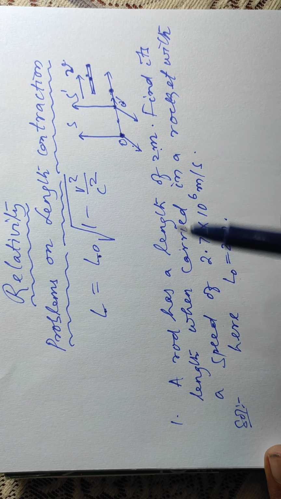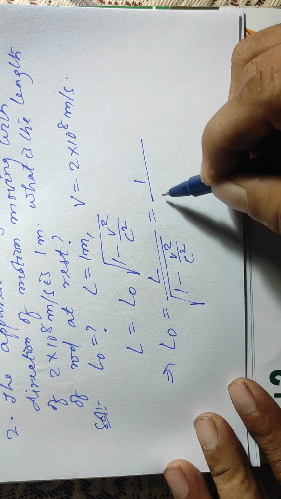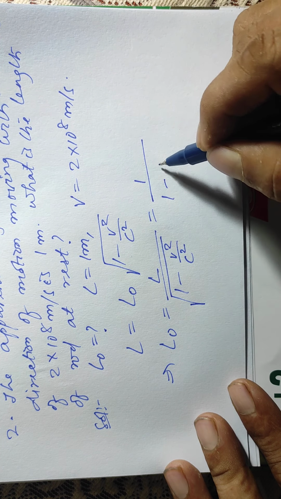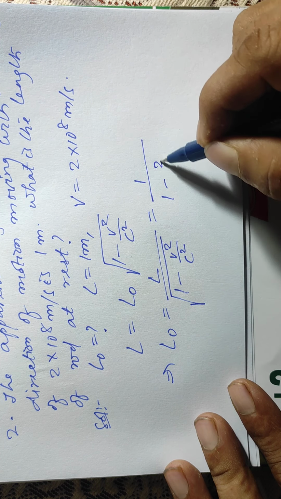L is equal to 1 meter, so 1 by root over 1 minus V by C whole square. Your V is 2 into 10 to the power 8 and C is 3 into 10 to the power 8.